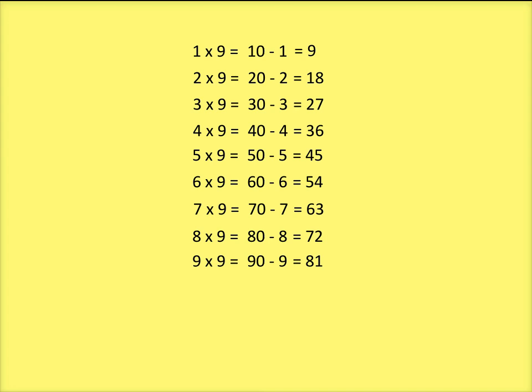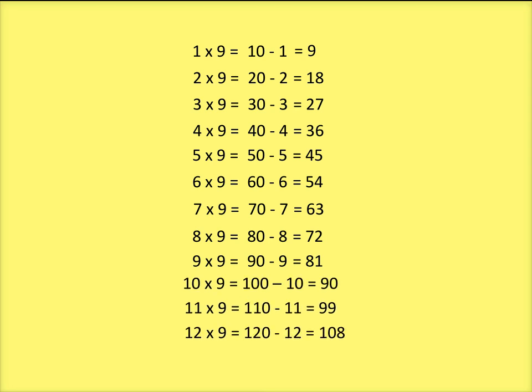So let's just finish off our pattern now of the 9 times tables. We can see we get 11 times 9 equals 99 and 12 times 9 equals 108. So again, we can still use that split strategy going through.